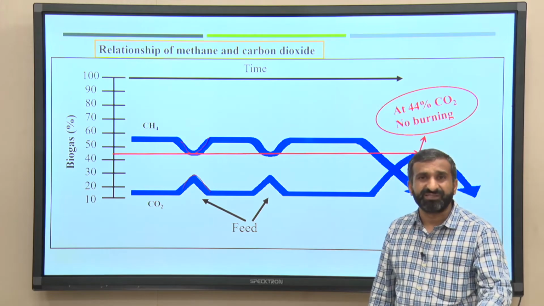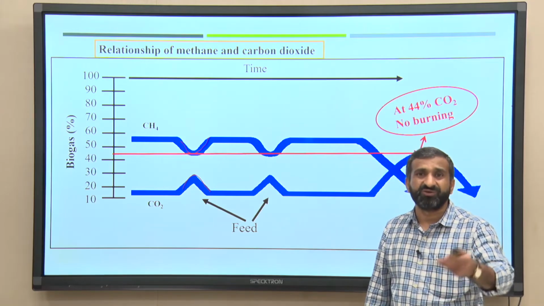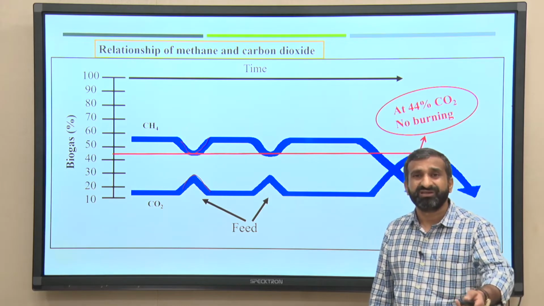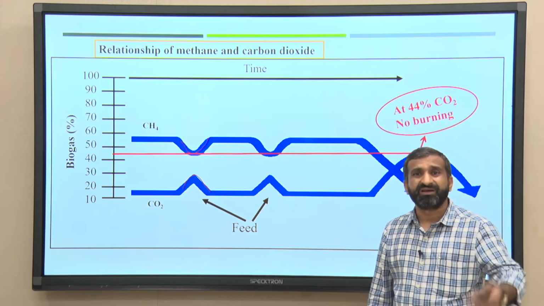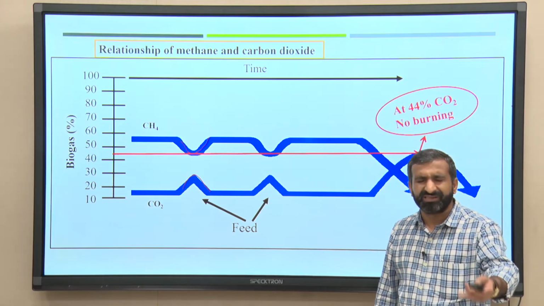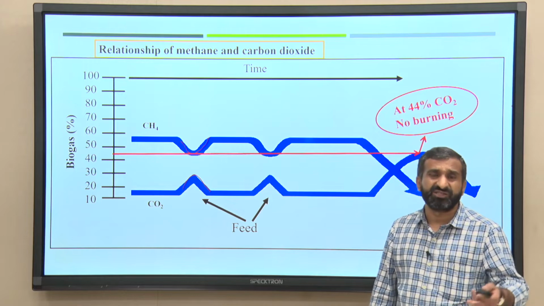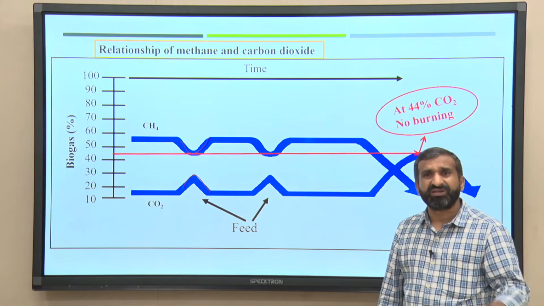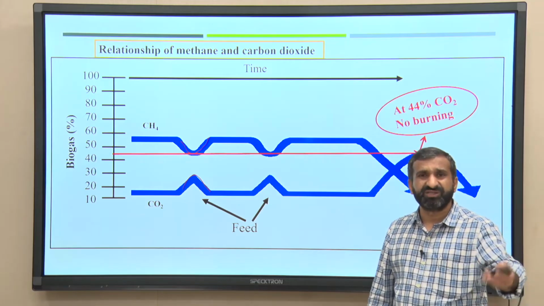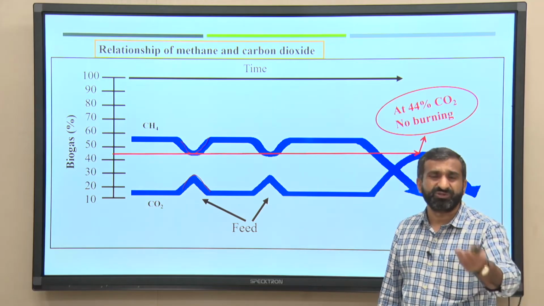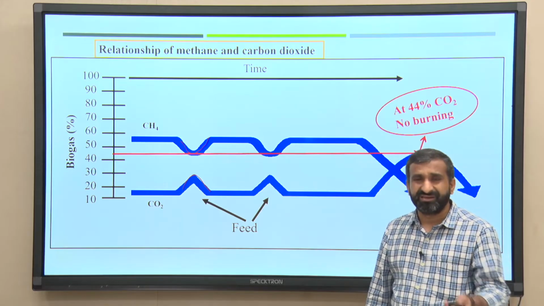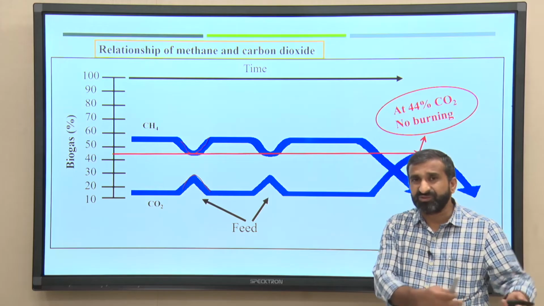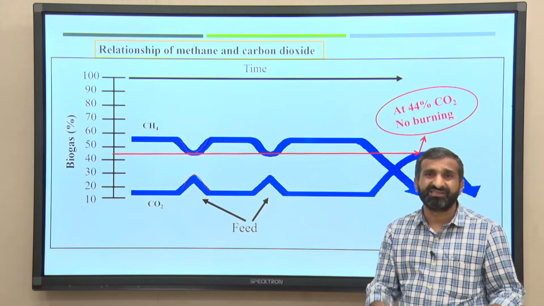I think the feed has changed, because they were working on cow dung, or mostly cow dung, but later on other kinds of feed were also utilized in the biogas plants, like kitchen waste and festival waste. A large amount of organic waste gets generated and was also disposed into this reactor, and the entire reactor became acidified because kitchen waste is highly acidic in nature.